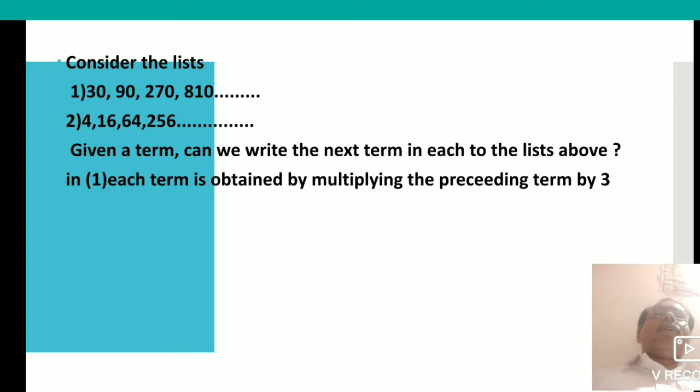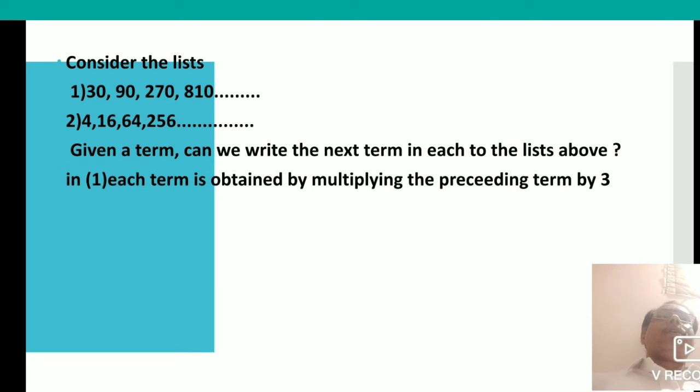In the first list, each term is obtained by multiplying the preceding term by 3. Children, you can easily observe to get the 90, we have to multiply 3 to the 30. In the same way, the succeeding term to 90 is 270. To get 270, here also we have to multiply 3 to the 90.